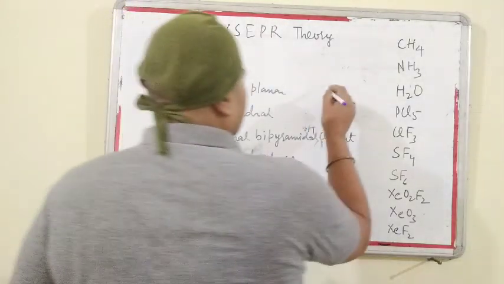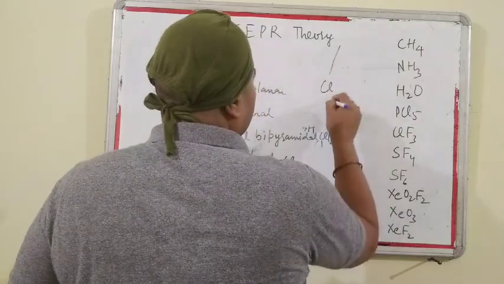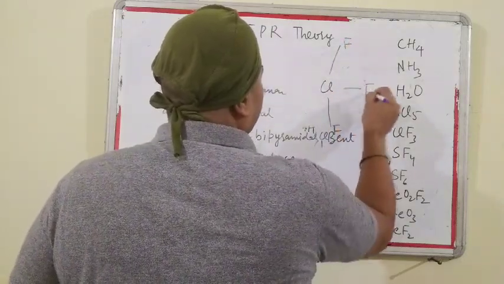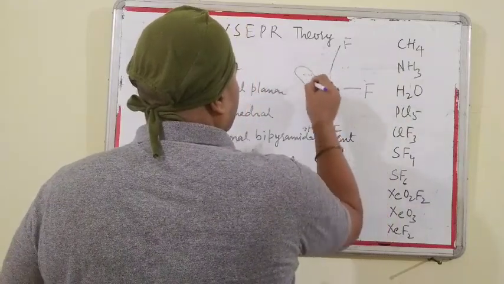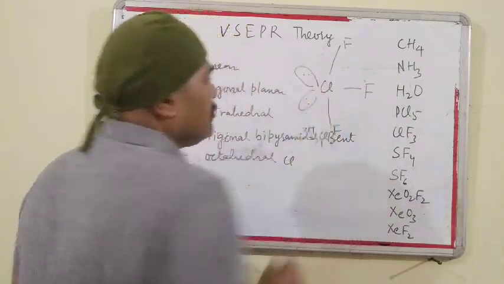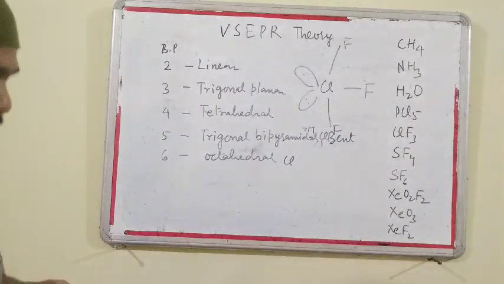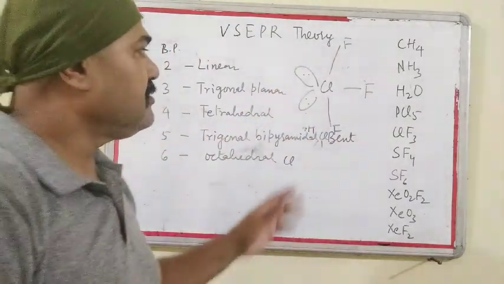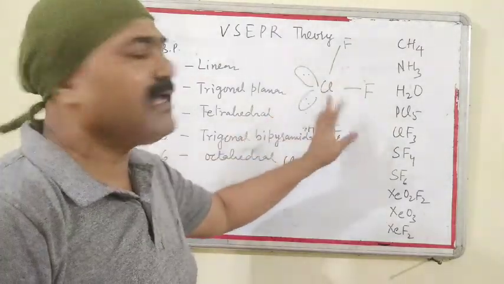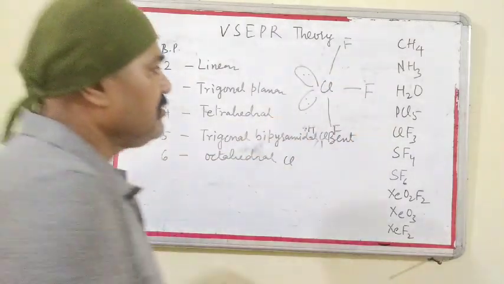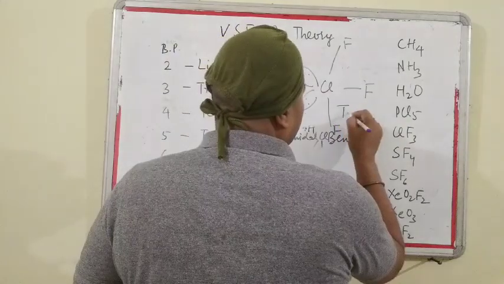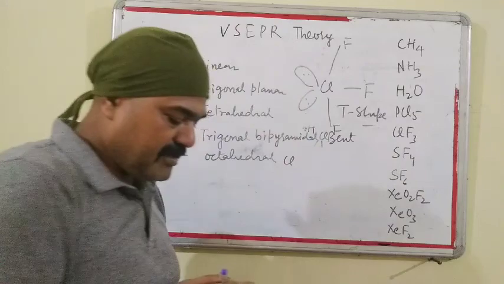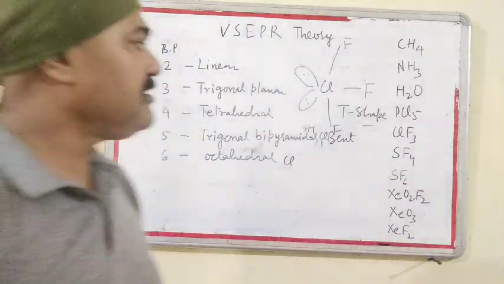So its shape is like this: these 3 bond pairs decide the shape of this molecule, and it is almost T shape. So we can say the shape of the ClF3 molecule is T shape.